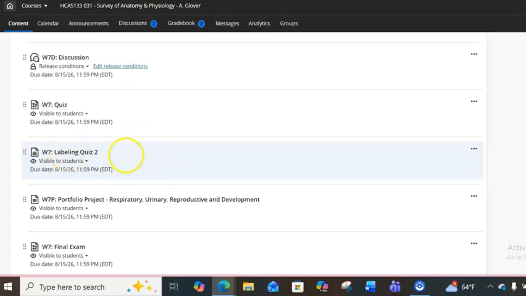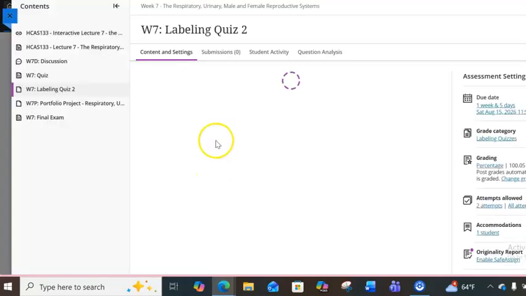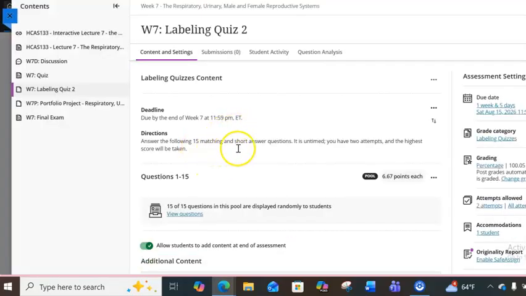Next, you're going to be taking your second and final labeling quiz for the course. I'll open this up. This is 15 matching and short answer questions. It is untimed and you have 2 attempts. And once again, the highest score will be taken, so it doesn't hurt you to take it twice.